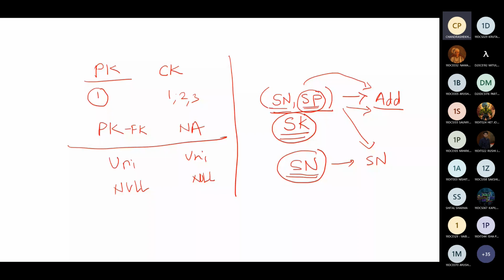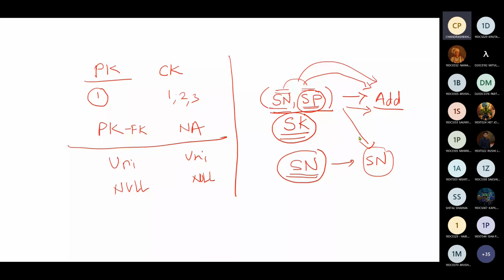So this set of attributes, here the student number and student phone number, is going to identify either the address or the student name when the student names are the same, or the student address may be the same.